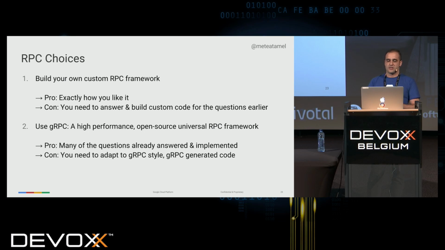The disadvantage is that gRPC has a certain style that you need to get used to, and I'll show you some code of how that looks. You need to adapt to that style, but that's okay because in every software reuse case, you need to at least adapt yourself to what you're using.